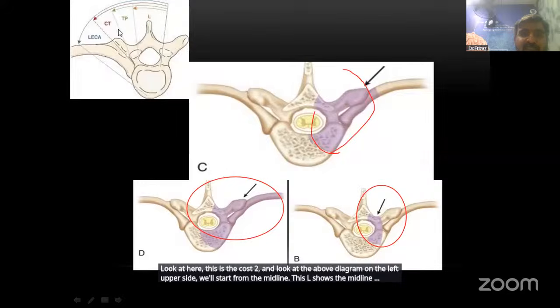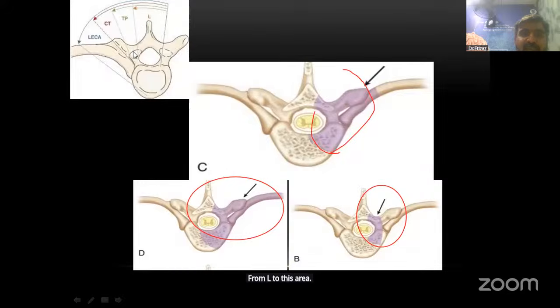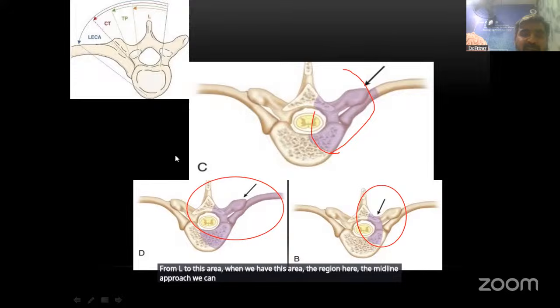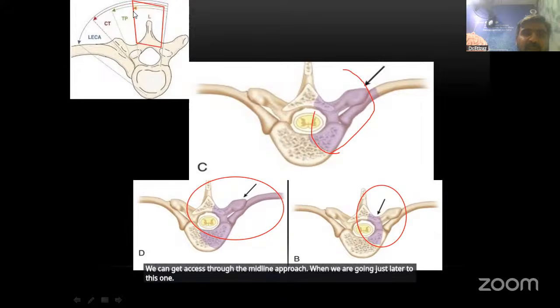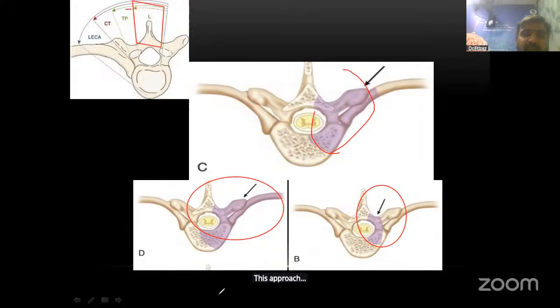From L to this area, through the midline approach, we can access this whole area. When we go just lateral to this, I am making this approach with the help of the other one.